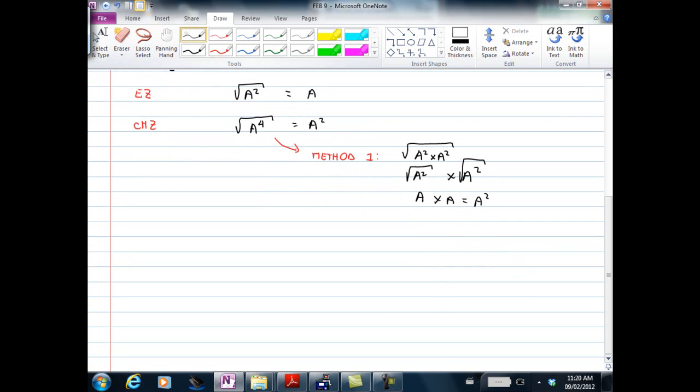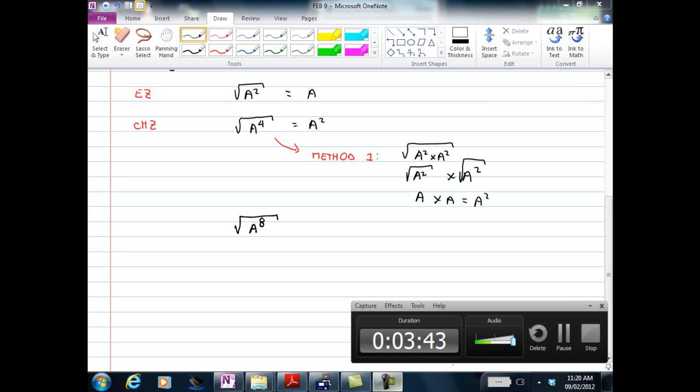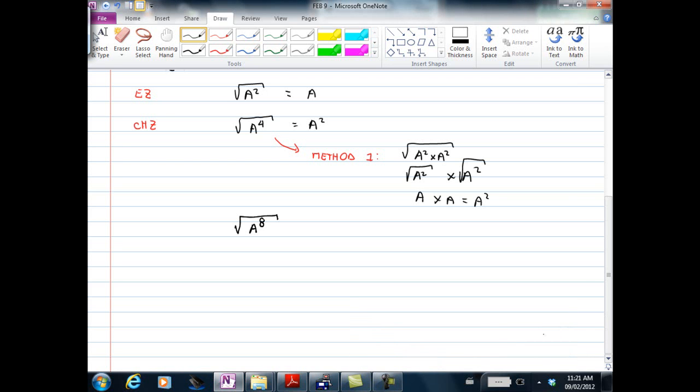Try this one. I know you can do it in your head, but I want you to practice method 1. A to the power of 8. How many A squares are there? Think about it. I'm going to pause it and let you try this on your own. I asked two students and they all say that's 4 A squares. So let's break it down into A squared times A squared times A squared times A squared.